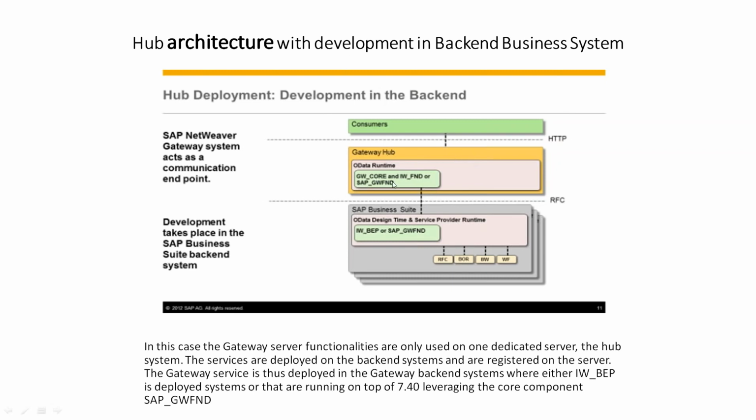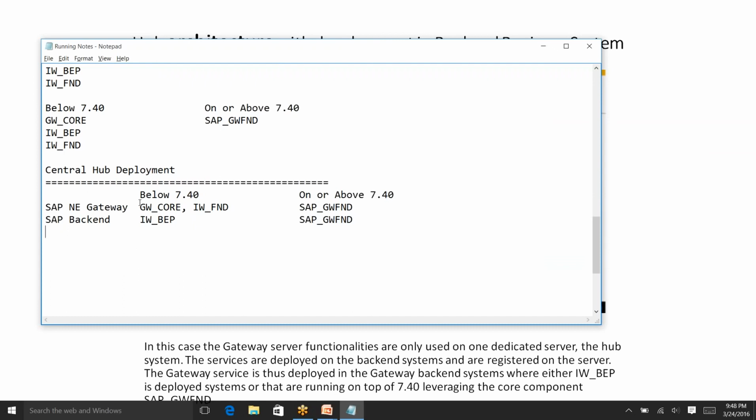It is just an ABAP stack with the required gateway components installed on it. Basically, if you are below 7.40, you need to have the gateway core and foundation server. If you are above 7.40, you will just have the ZW foundation component.